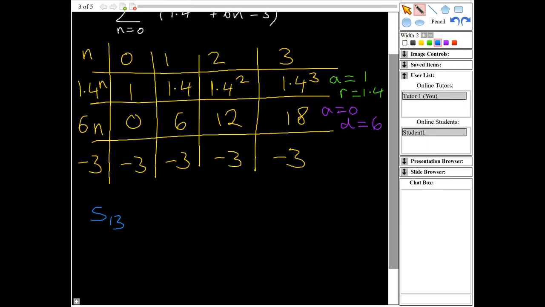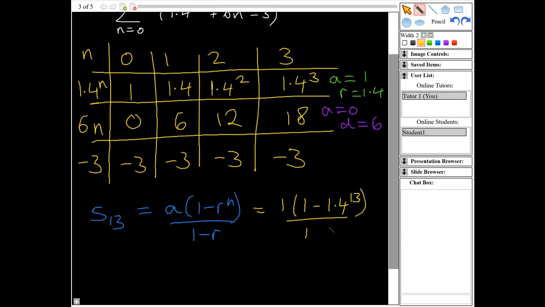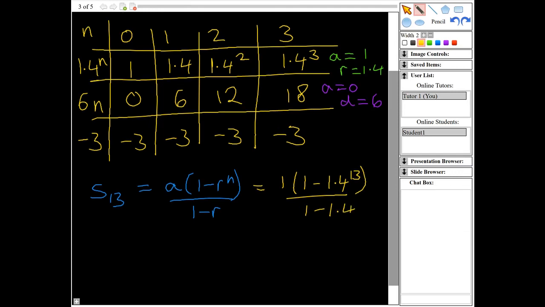For the geometric one, the sum is a times 1 minus r to the power of n over 1 minus r. So a is 1, and it's 1 minus 1.4 to the power of 13 over 1 minus 1.4. That would be for the sum there.